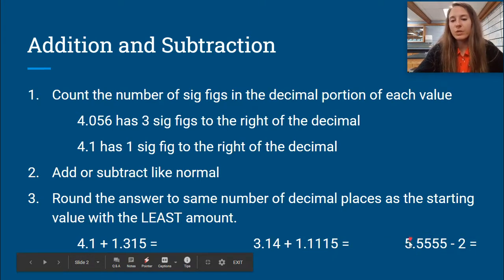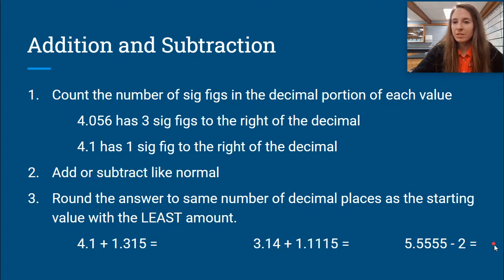Over here, this last one, if we have 5.5555, which has 4 significant figures to the right of the decimal, and we are going to subtract 2, which doesn't have any significant figures to the right of the decimal because there isn't a decimal, our answer, no matter what it is, has to be rounded so that there are no significant figures to the right of the decimal because 0 is less than 4.